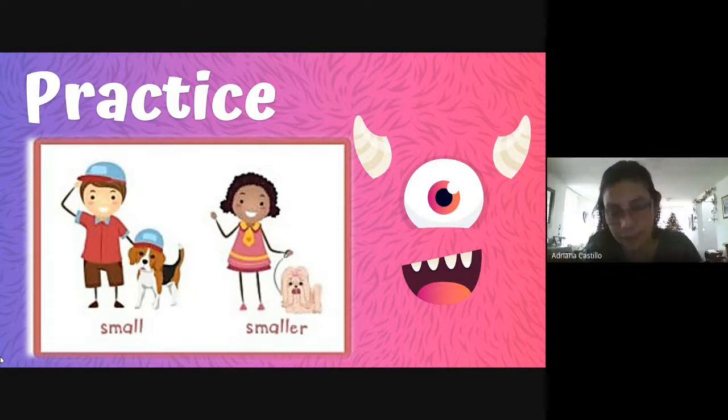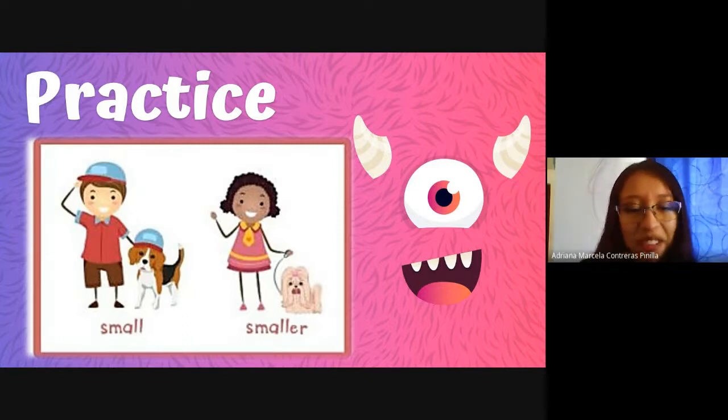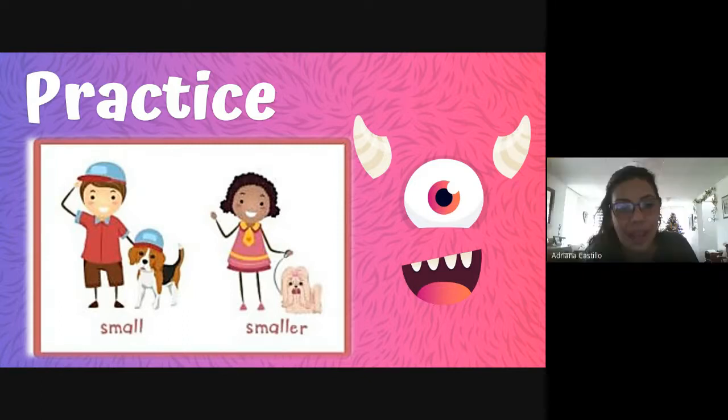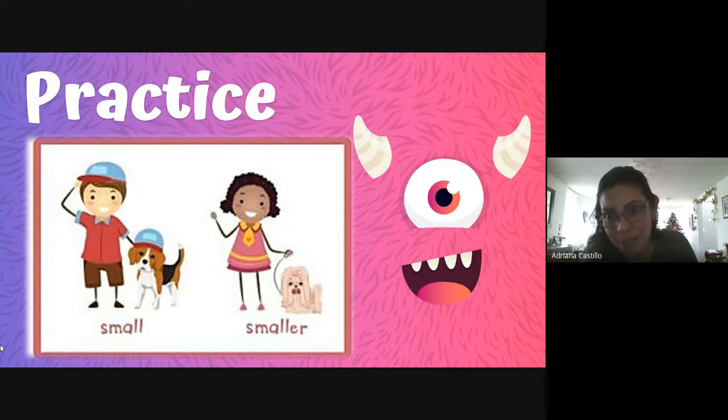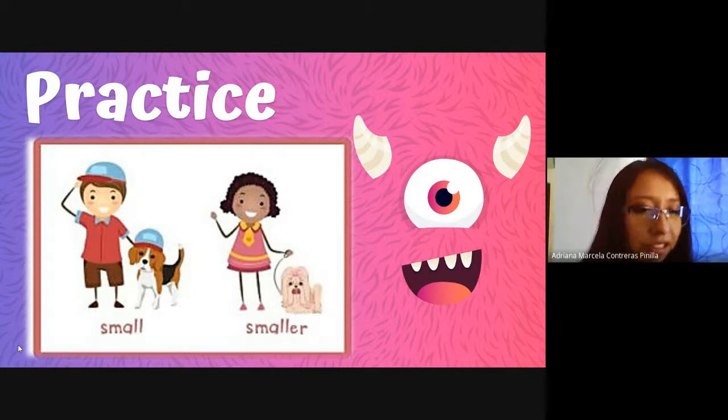Tell me the name of her little dog. Mia. Mia is a little dog of the girl. Mia is smaller than Milo. Perfect. Very good. Good job.